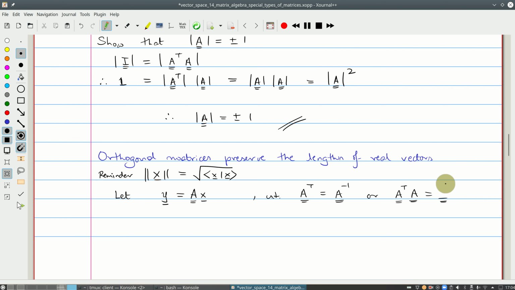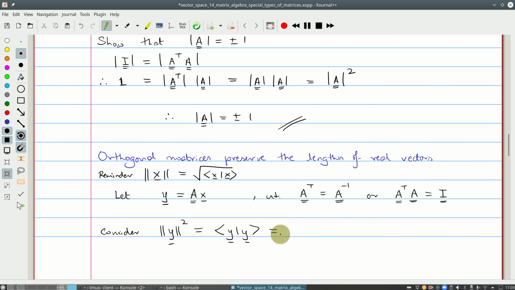Now, let's consider the norm squared of y. That's equal to the inner product of y with itself. These are vectors here.